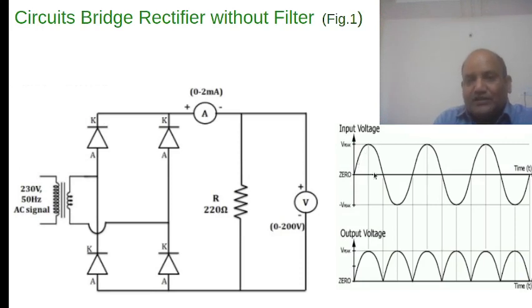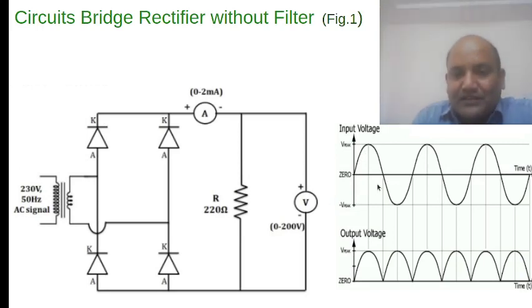Now come to the drawback of this bridge rectifier. Here you have some pulsating DC, and your objective is to remove it.